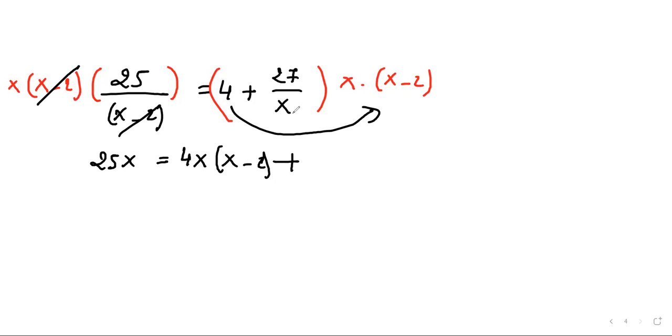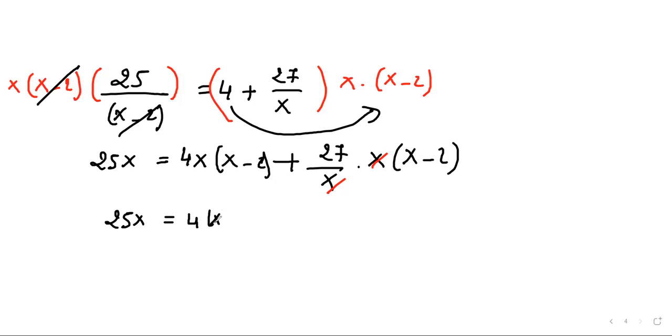I will kill these two x's. So I will write it, and after that discuss the simplification. I can see that these two x's will be killed. So as a result, I will have 4 times x minus 2 plus 27.